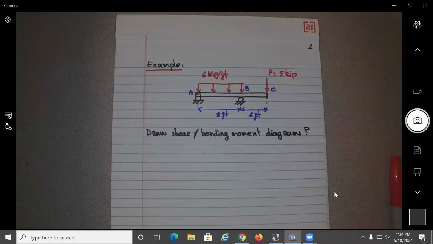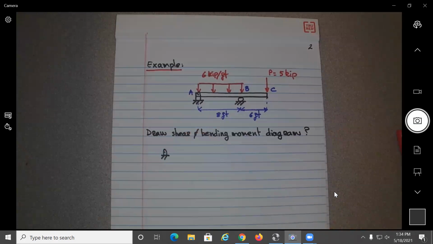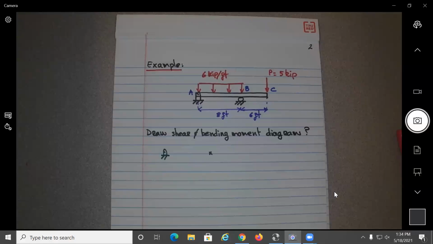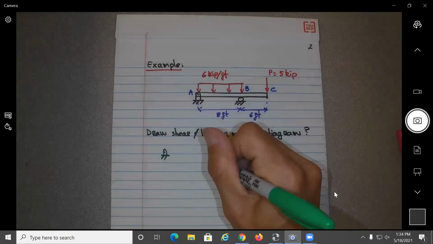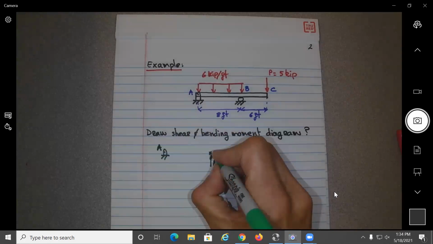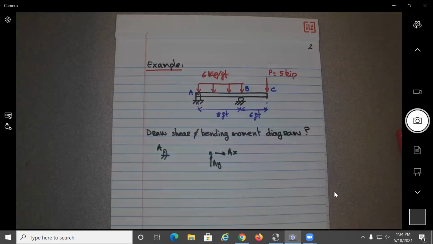Okay, before doing that, maybe let's do a little review about the boundary conditions. If you have these boundary conditions, how many reactions do you have? So let's say this is point A, you're gonna have a reaction on the Y, and then you're gonna have a reaction on the X. Okay, so this is simply supported.